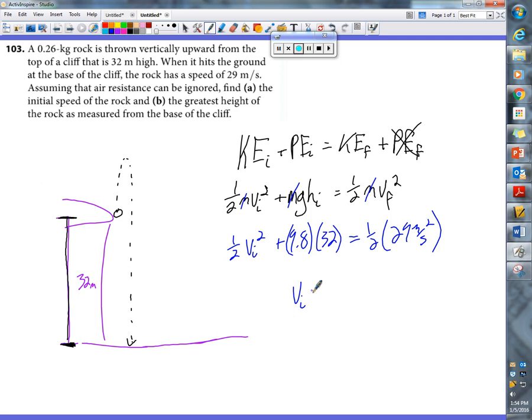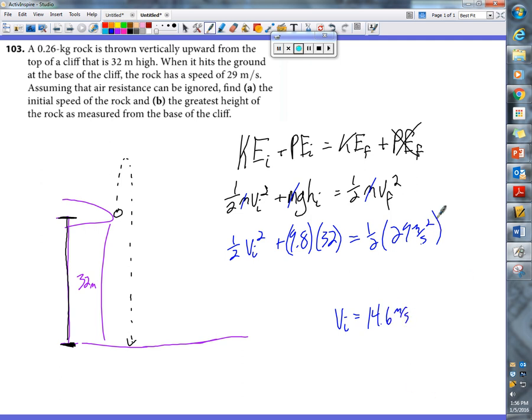We have v initial is equal to the square root of, what's that, 14.5 excuse me, minus whatever 9.8 times 32 is. And then all dividing by half is the same thing as multiplying by 2. So, after we do our algebra there, we get an answer of 14.6 meters per second.